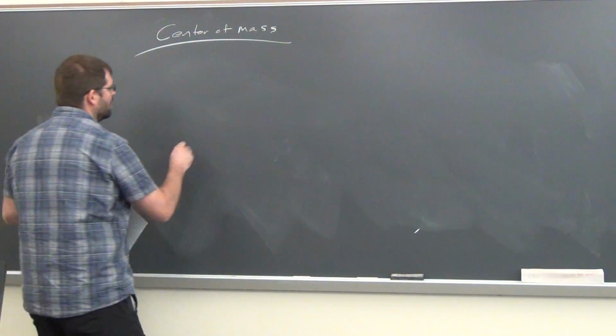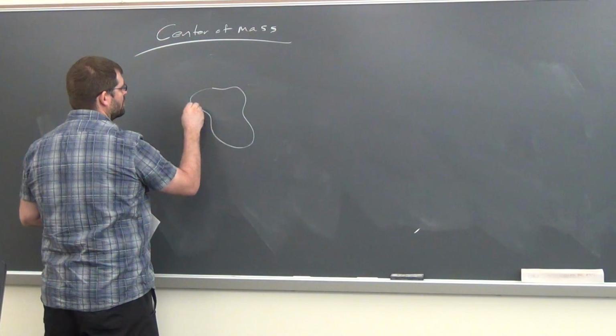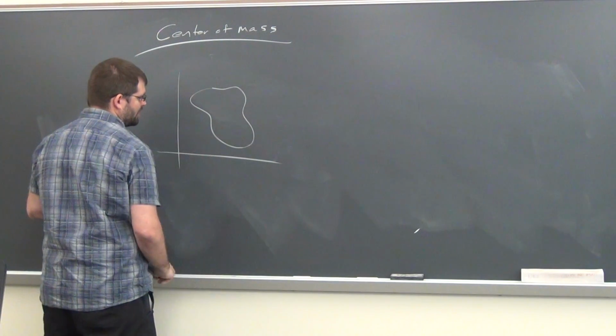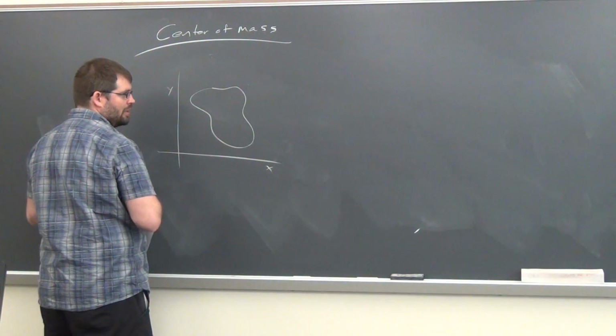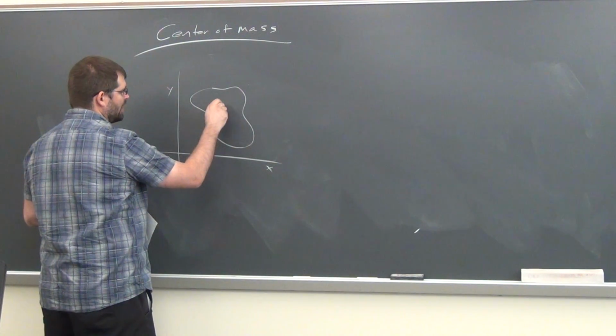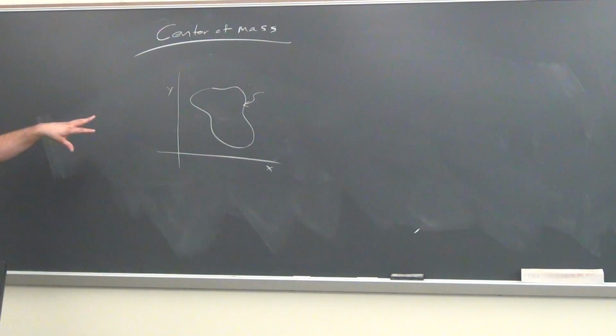Okay, but if we want to be able to calculate center of mass, the idea is you have some object in the xy plane, right? And you have, so we'll say a lot of times a plate.